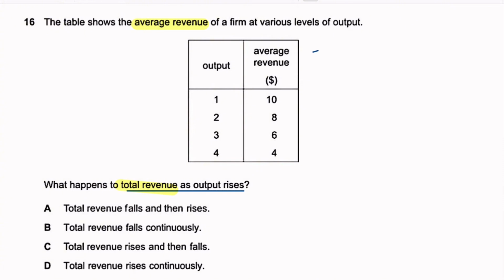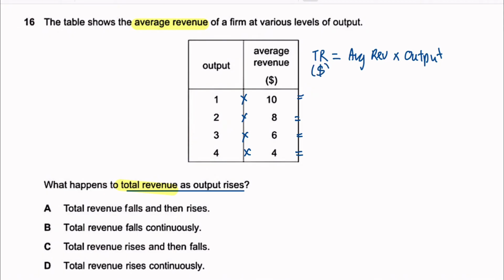But total revenue, the formula is that you need to times your average revenue with your output so that you can get your total revenue. Basically just times all of this and then you can work out your total revenue.